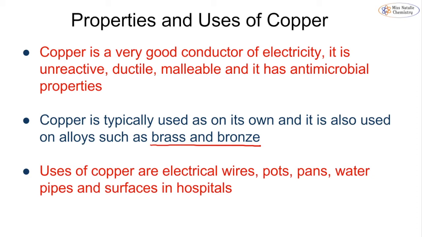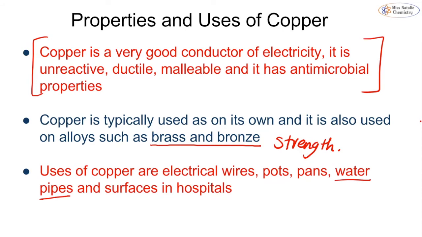And again, that just gives them a little bit more strength whilst also maintaining all of these properties here. And we tend to use copper for things like wires, to make pots and pans, specifically water pipes because it's very unreactive with water, and we'll sometimes use it for surfaces in hospitals because it doesn't allow any microbes to grow on it.